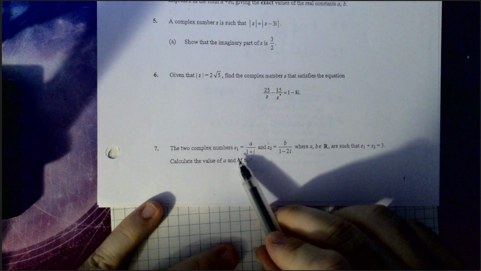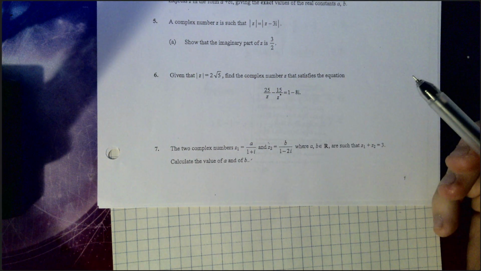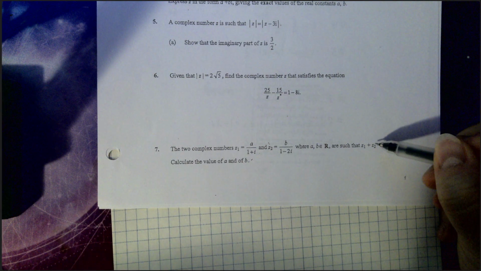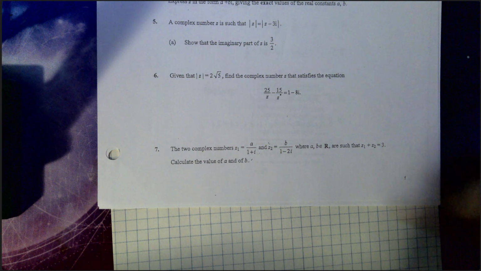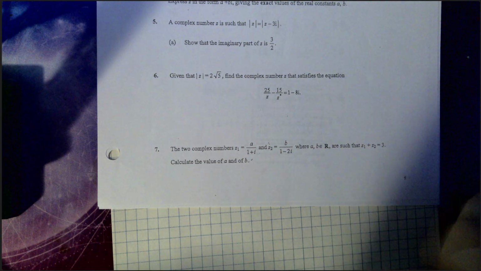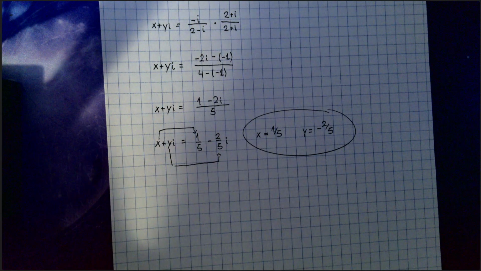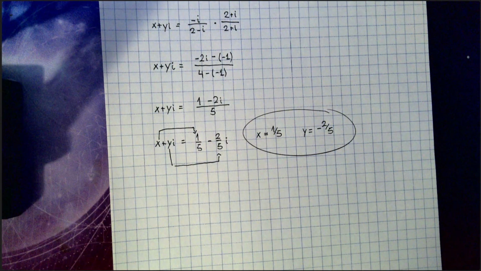Two complex numbers, z1 and z2, are written like this, where a and b are elements of the real numbers, such that z1 plus z2 is equal to 3. Calculate the values of a and b. So let's do this one together. I'm going to copy the question, and then I'll take a brief pause so you can pause the video to try it on your own.